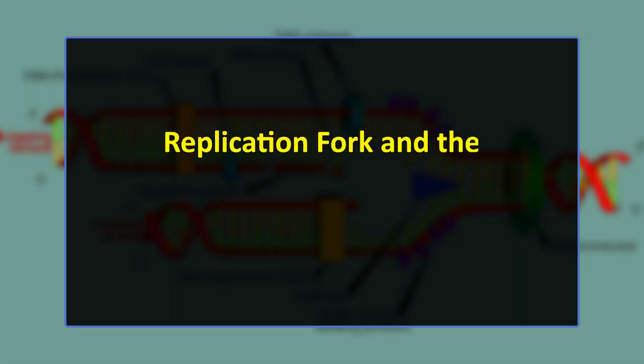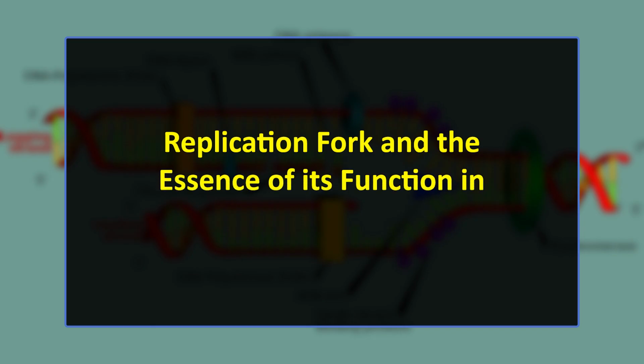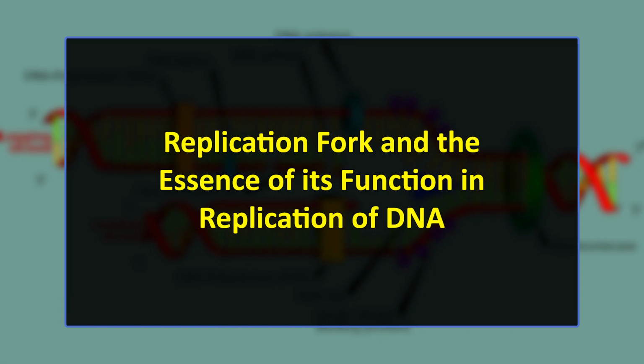However, the newly synthesized lagging strand contains an RNA-DNA joint, defining the critical role of RNA in DNA replication. Now we will learn about the significance of the replication fork and the essence of its function in replication of DNA.